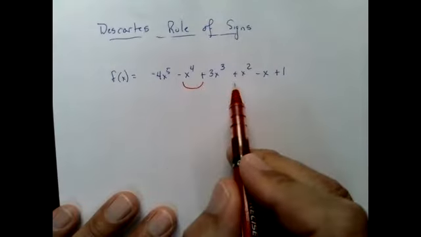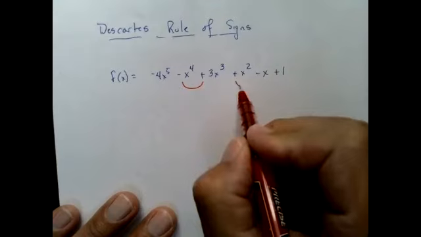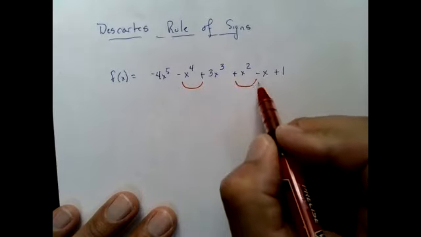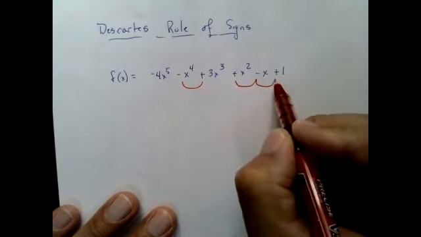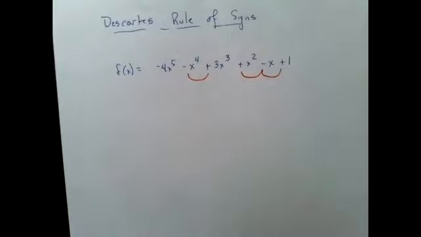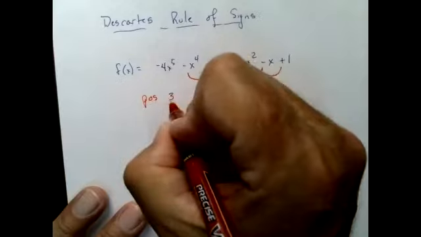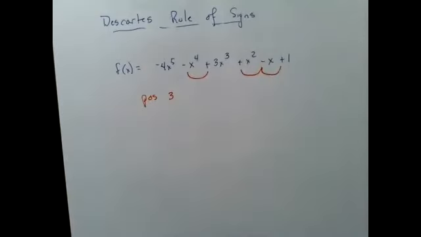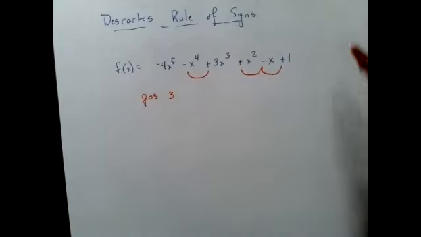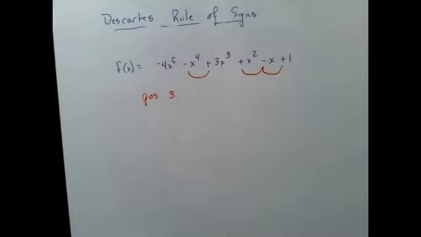From positive to positive, nothing. From positive to negative, there's 2. And from negative to positive, there's 3. So what he said was, hey, I know that there's going to be 3 positive solutions, right? He knows that there's going to be 3.